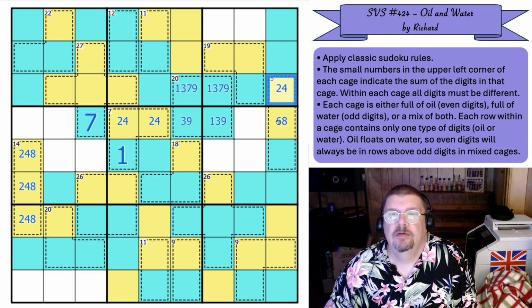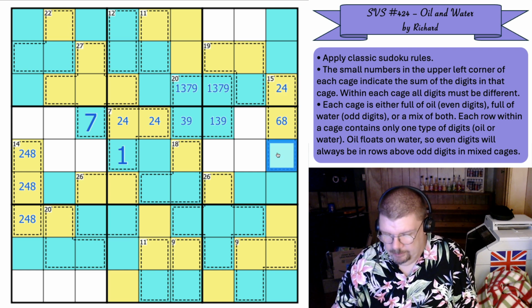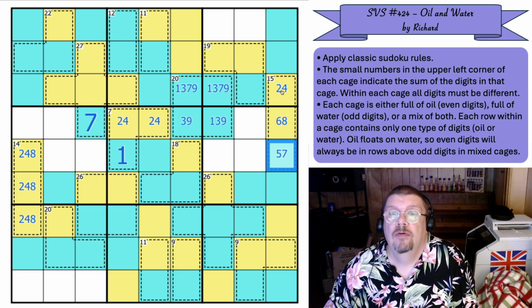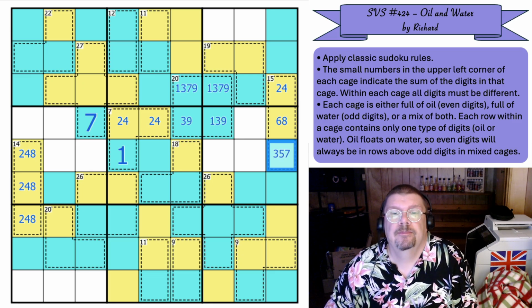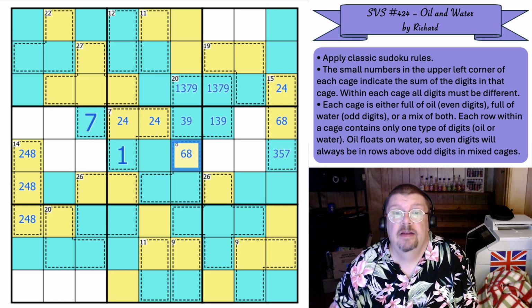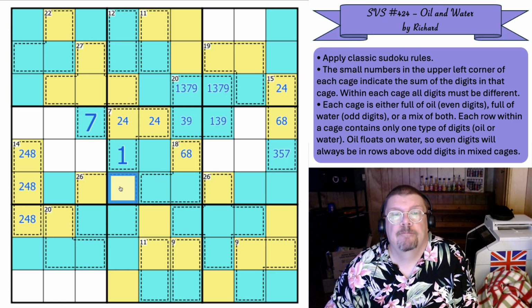So that gives us 8 with a 7, 10 with a 5, or 12 with a 3. This is 6 or 8. This is 6 or 8.